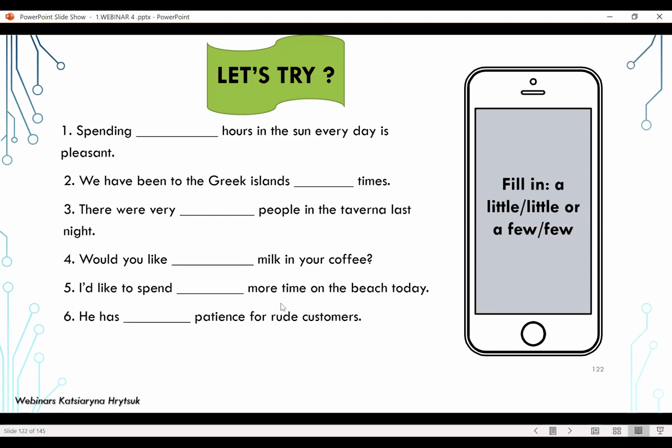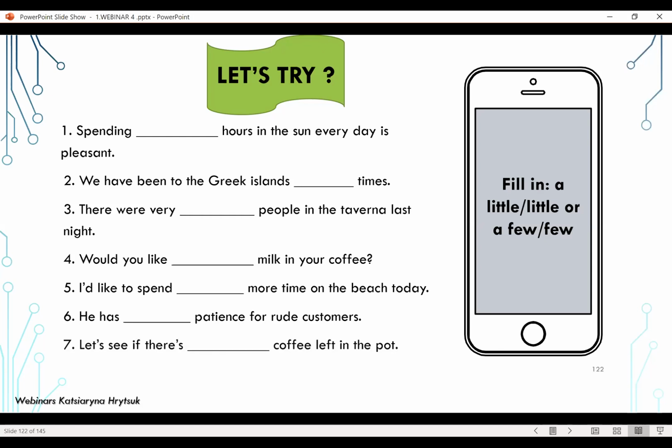Little. Good. Little patience for rude customers. Zhenya, be careful. Pronounce the S, because patience and patient are different. One is a noun, one is an adjective.